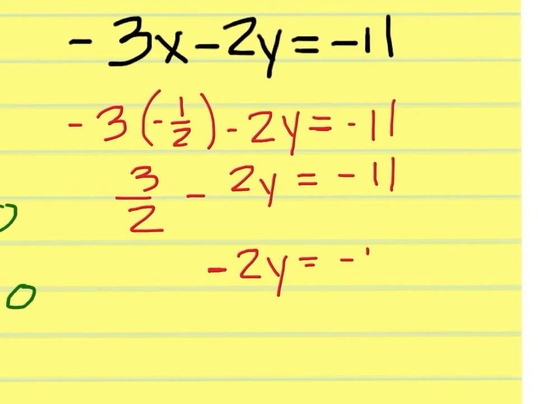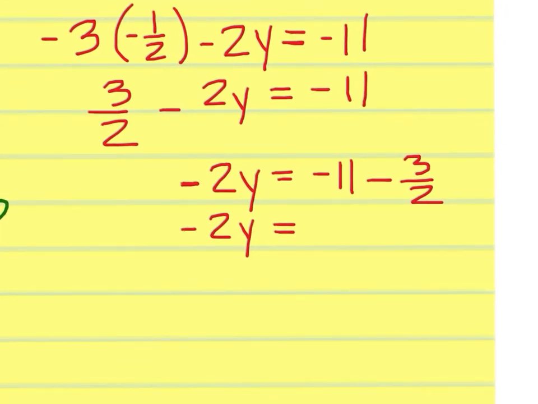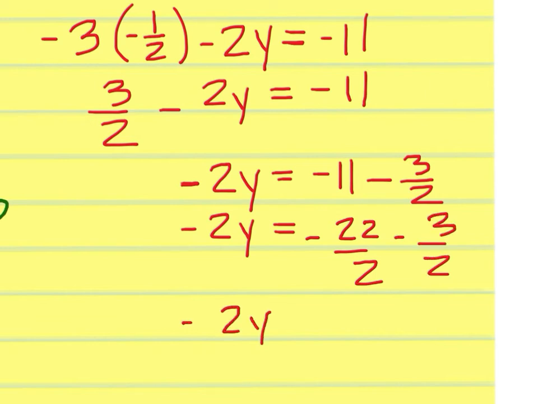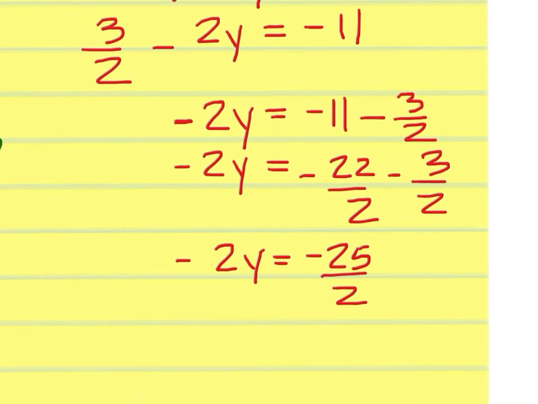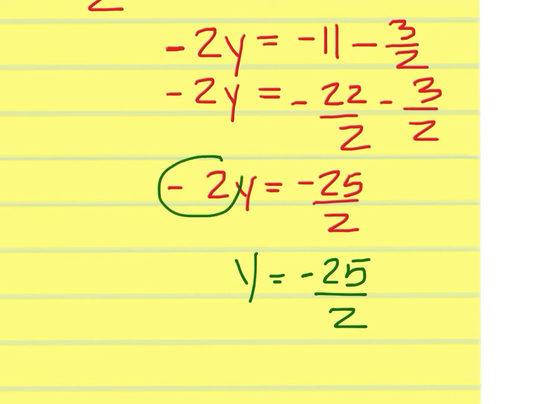Negative 2y equals negative 11 minus 3 halves when you move it to the right. And you have to simplify negative 11 minus 3 over 2. If you make that with common denominators, then you'll have a negative 22 over 2 minus 3 over 2. And that's a negative 25 over 2. So now you're going to have y equals a negative 25 over 2 divided by a negative 2.